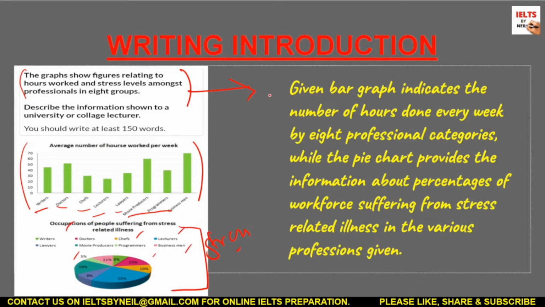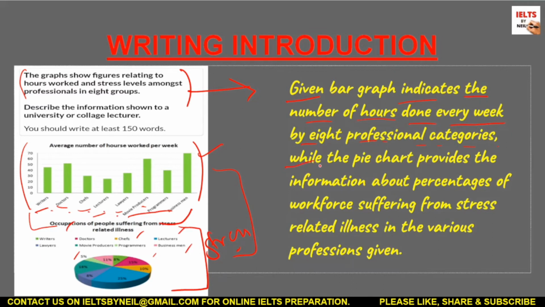So what I've done is I have written 1 statement for each of these charts. For example, the given bar graph indicates the number of hours done every week by 8 professional categories. Number of hours done means number of hours worked by 8 professional categories. 1, 2, 3, 4, 5, 6, 7, 8. These 8 categories are these.